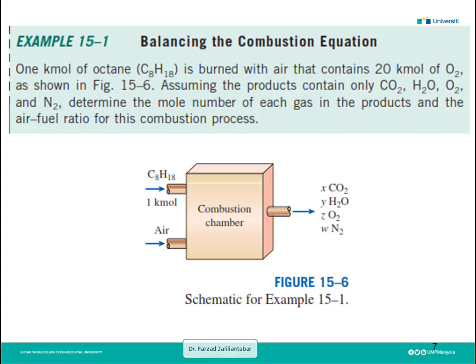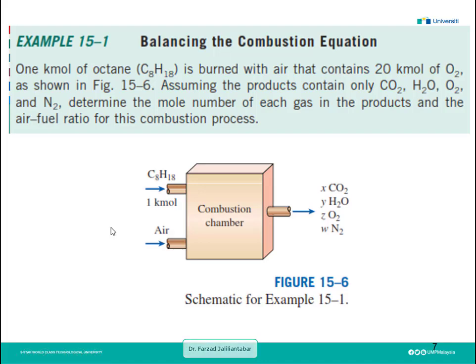It is burned with air that contains 20 kilomoles of oxygen, as shown in this figure. You can see here 1 kilomole of the octane is reacted with air, which contains 20 kilomoles of oxygen.